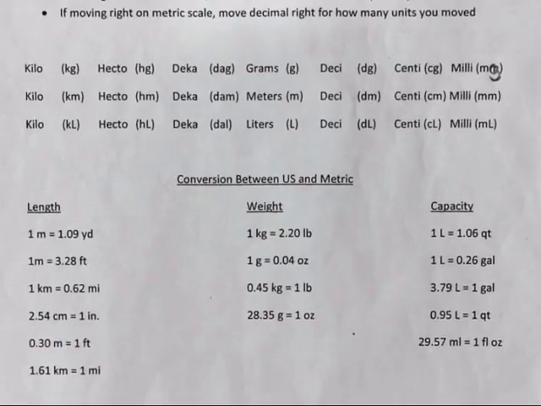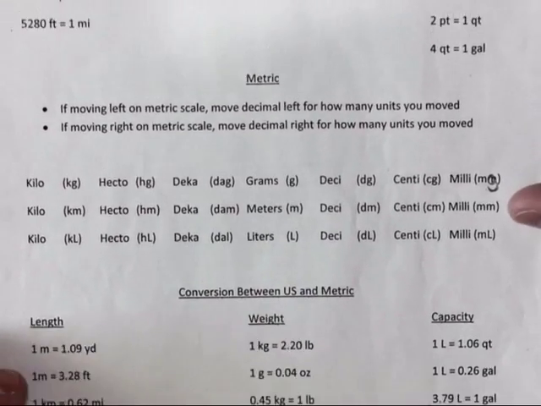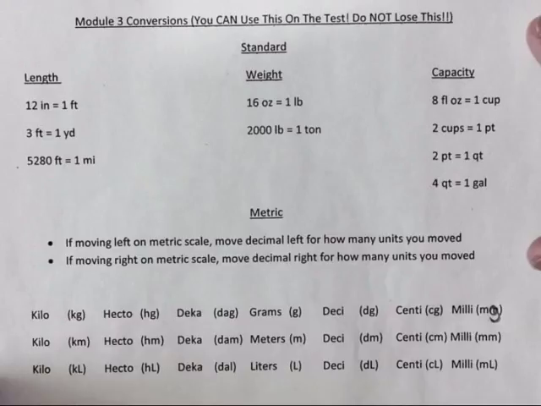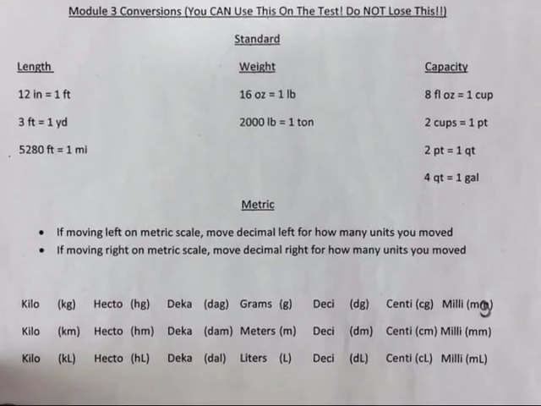So if I'm going from inches to meters, for instance, or vice versa, that's how we can go back and forth from US to metric in all three categories: length, weight, and capacity. We'll work with that part of the conversion sheet in a later section. So you're not going to use all of this at one time. Well, you will eventually once you get to the post-test, but today we're just going to look at length.